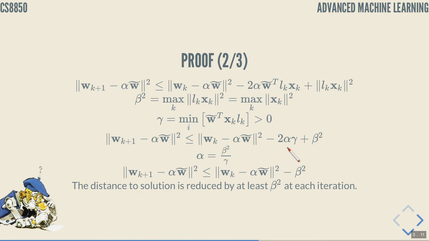Just plug alpha here and you see that you get minus 2 beta squared plus beta squared, and you are at minus beta squared. The distance to the solution at each step is reduced by at least beta squared. So at each iteration, that's what this says. So at each iteration, it's at least, the inequality is less than or equal to.